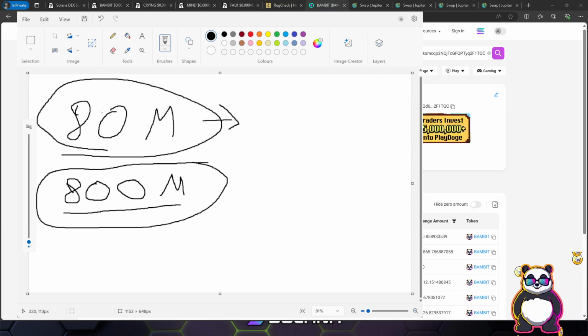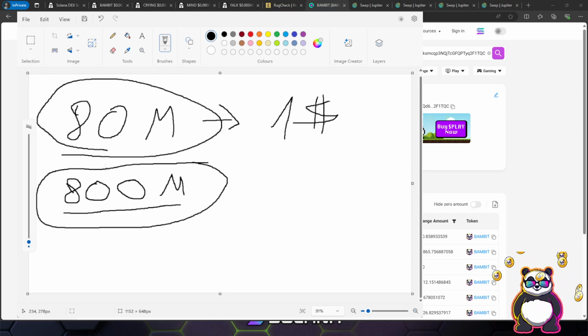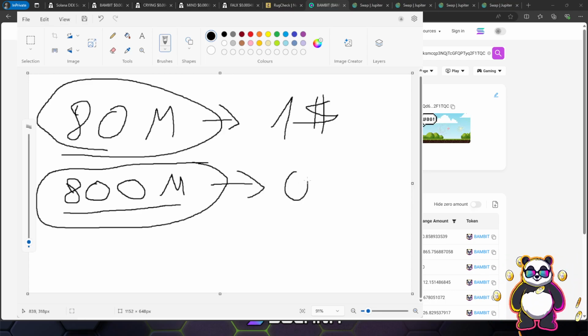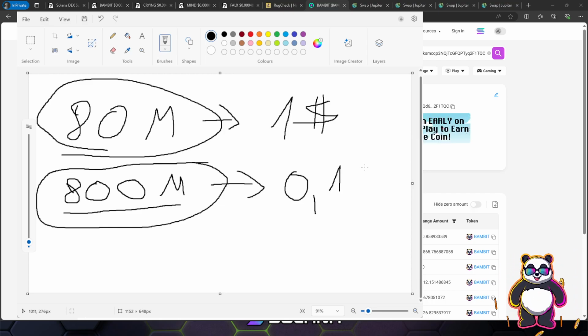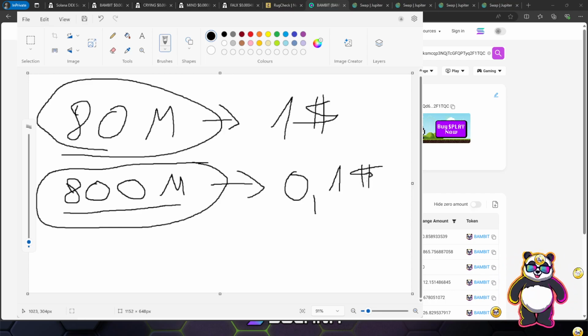The only difference is, let's say Bambit goes to 80 million market cap. So one coin is going to be worth $1. And if that coin with 800 million goes to 80 million market cap, that coin is going to be worth only $0.1. So 10 cents basically.